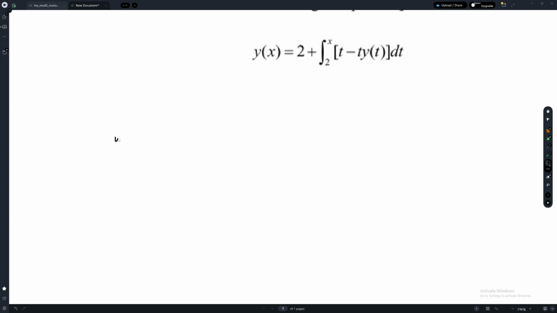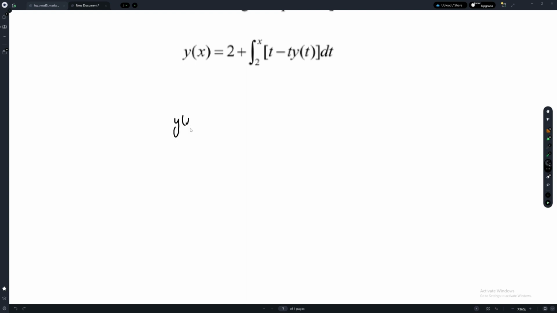So I'm going to rewrite it. I have my y of x. Okay, so I'm going to differentiate my y of x, and that means I have to differentiate everything else.